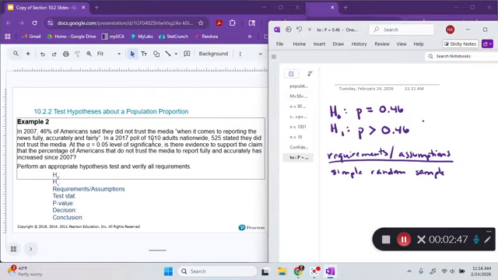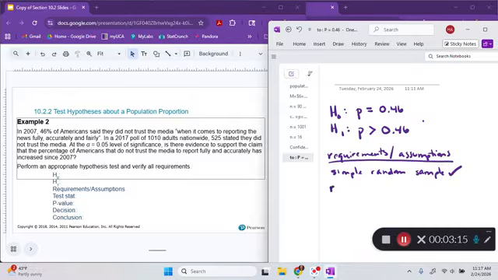In a poll of 1,000 nationwide. On this one, it doesn't explicitly say that it's a simple random sample. But what happens with problems like these is unless there's wording to indicate that it's not a simple random sample, we just assume that it is. So that's why sometimes, even though it says requirements, it's also like assumptions. So this is one we're going to assume is true unless stated otherwise.